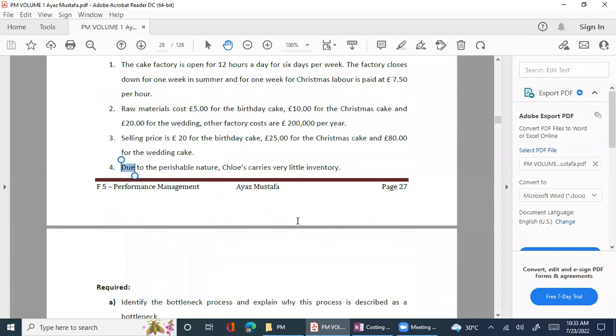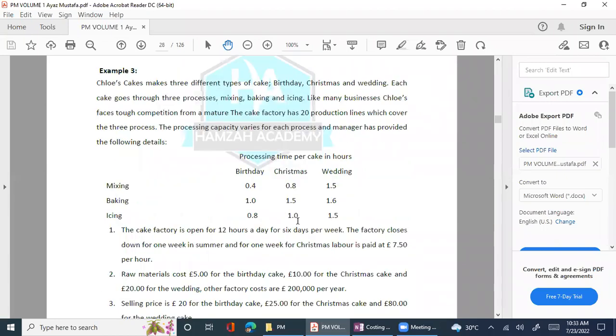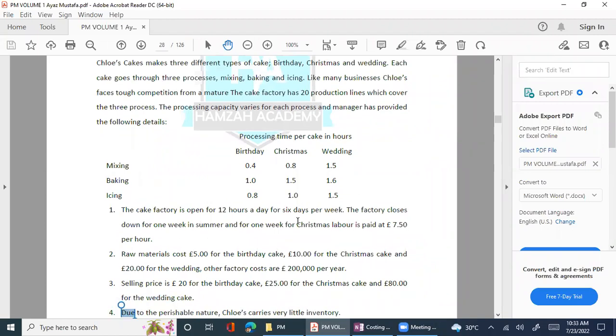The first two or three parts are familiar with our concepts. So please, can we proceed to example number 3, cake company?